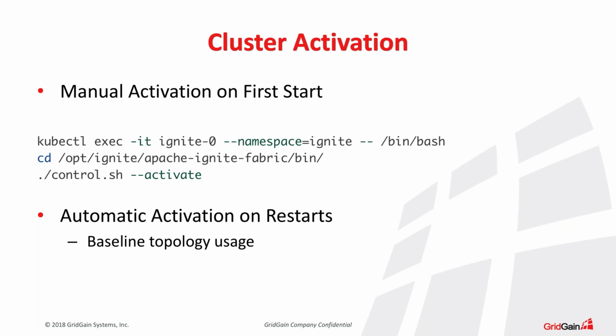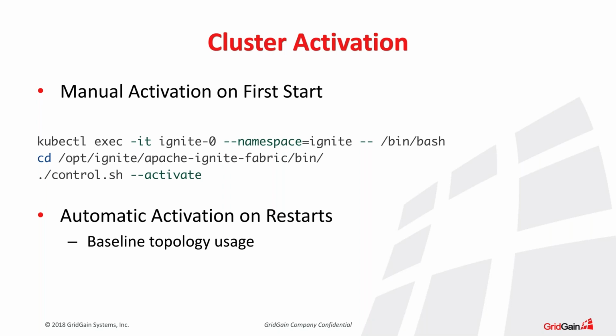After that, your applications are good to interact with your cluster. However, you don't need to repeat the activation over and over again if your topology size doesn't change. Upon restart, the cluster will be activated once all the nodes of your baseline topology are up and running. The baseline topology in Ignite is a pretty simple concept.